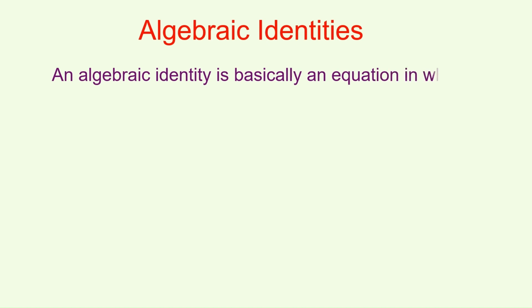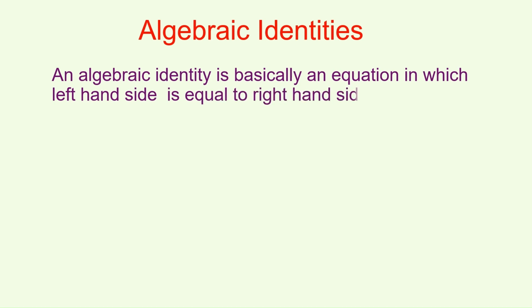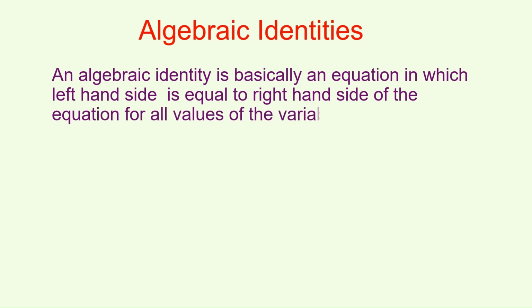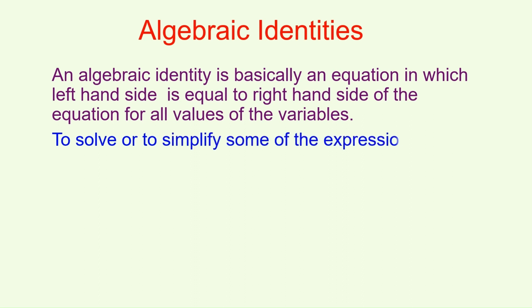The algebraic identities. An algebraic identity is basically an equation in which the left-hand side is equal to the right-hand side for all values of the variables.